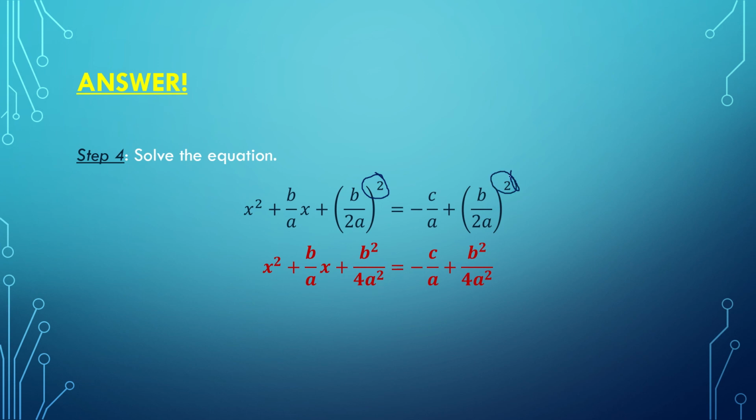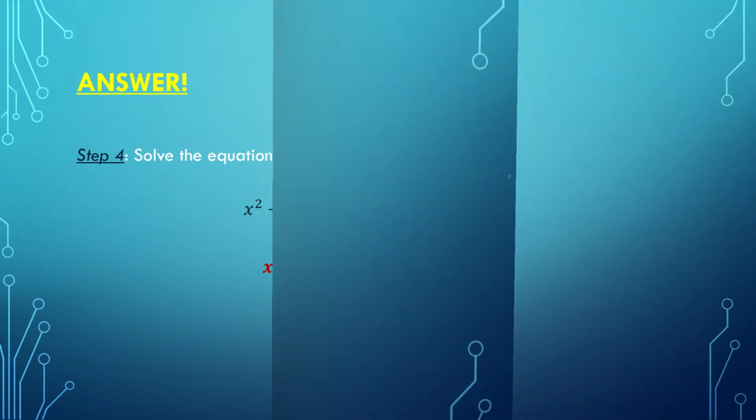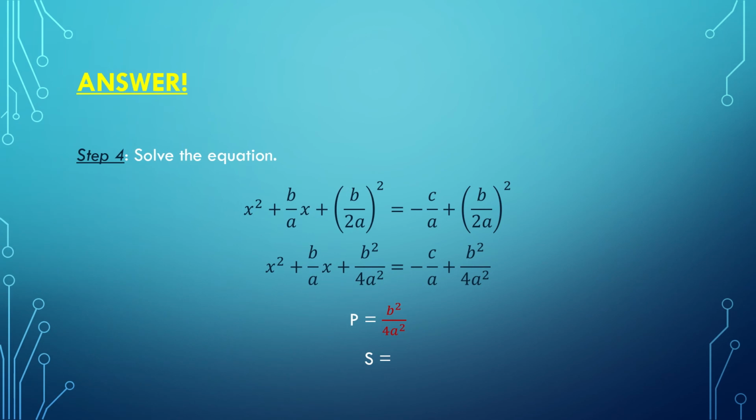I solved them out. Now we know that if you want to solve the quadratic part, we normally have the product and the sum steps. So we shall ask ourselves, what is the product and what is the sum? It is quite simple. The product, you check by taking the coefficient of x squared multiplied by the constant, which is b squared over 4a squared.